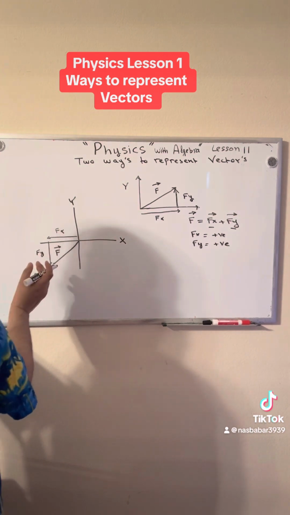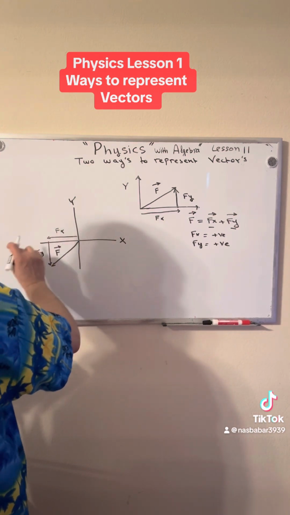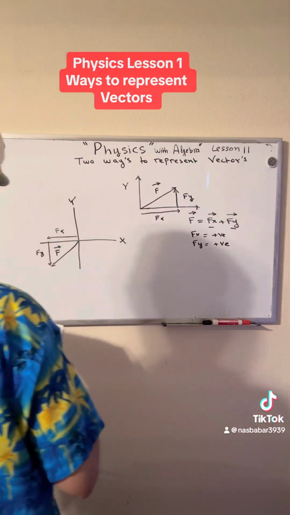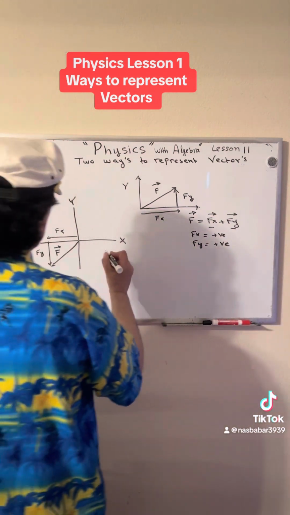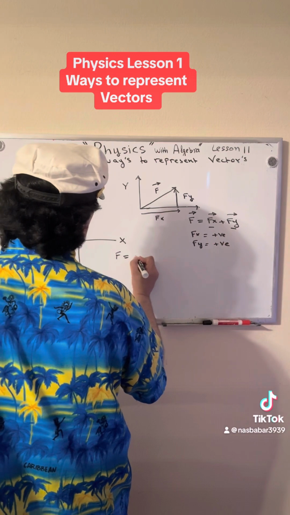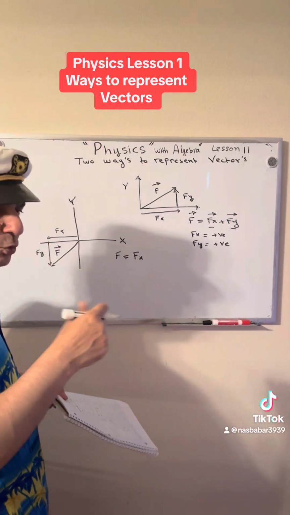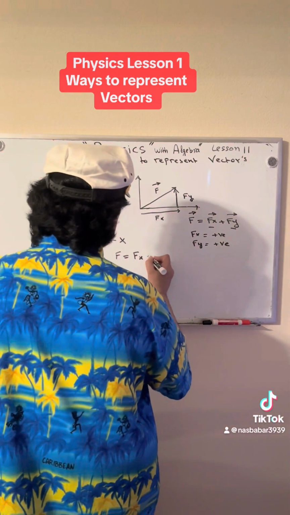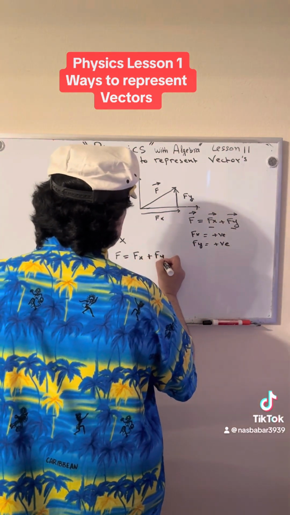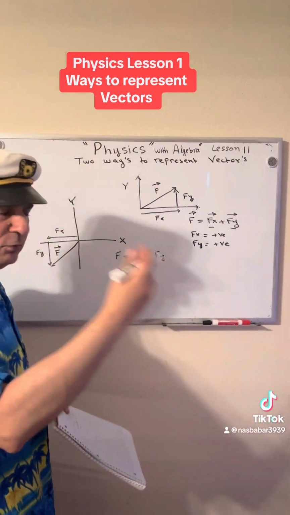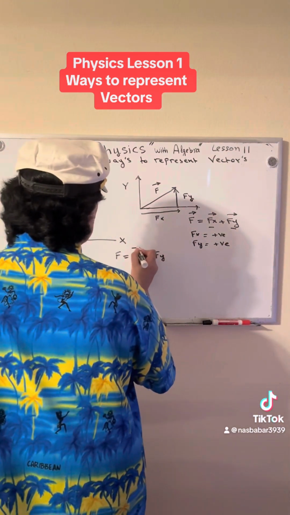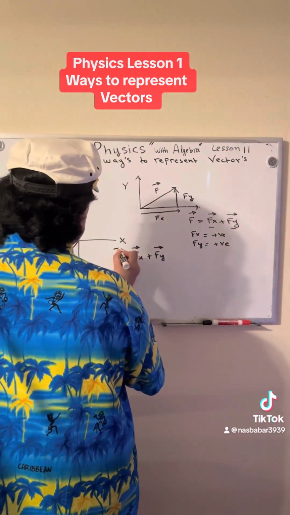This is basically the shadow of y on the x-axis. So again, the force is equal to Fx, which is F times the cosine of a certain angle, plus Fy, which is force times the sine of a certain angle. All right, put the vector sign.